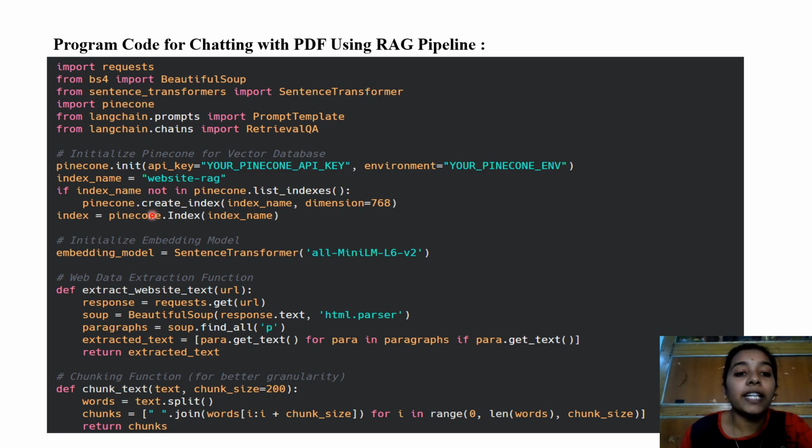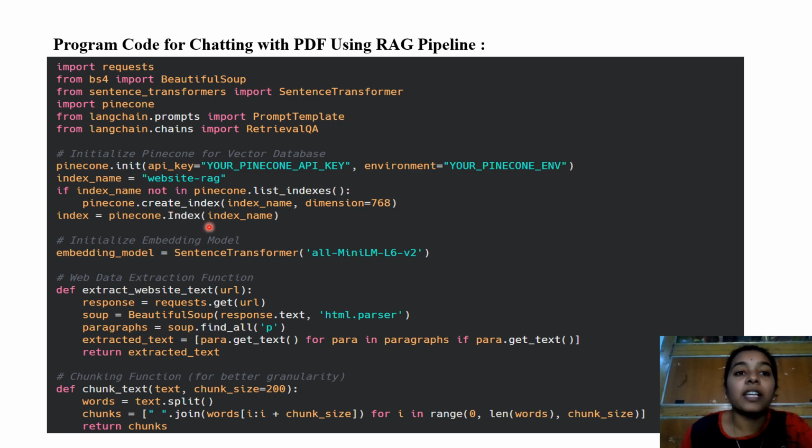Pinecone create index creates an index in Pinecone if it does not already exist. The index stores vector embeddings and the dimension 768 specifies that each vector will have 768 dimensions.